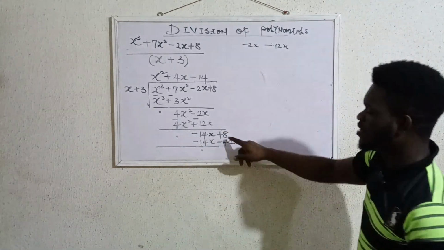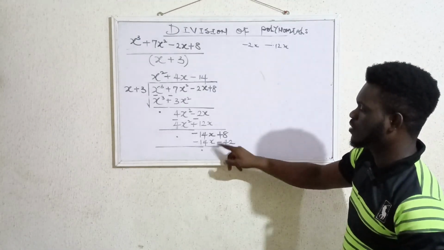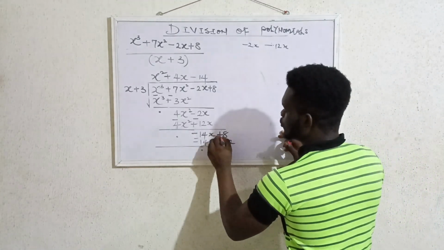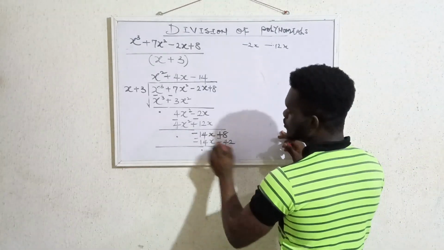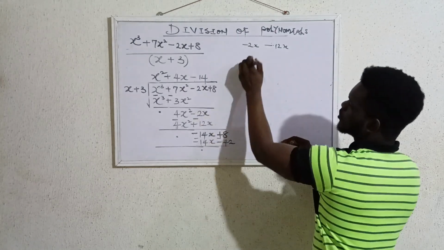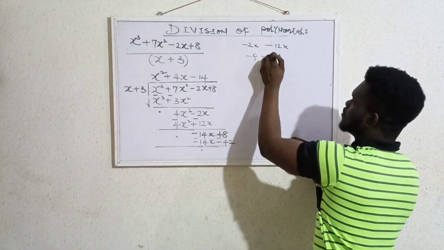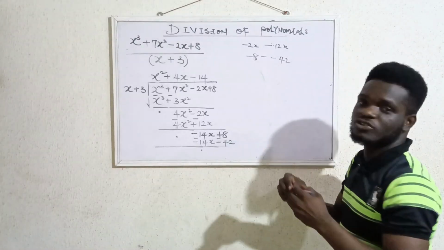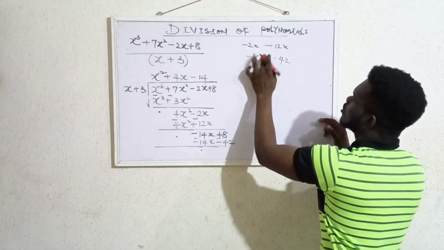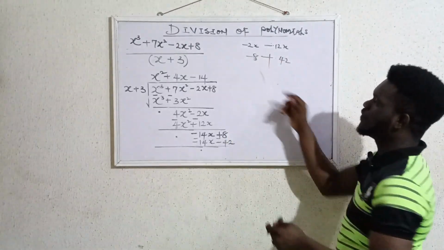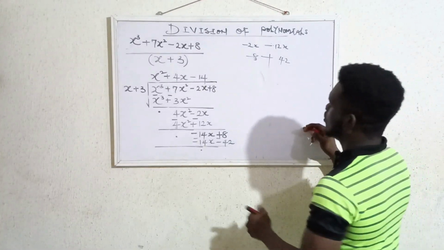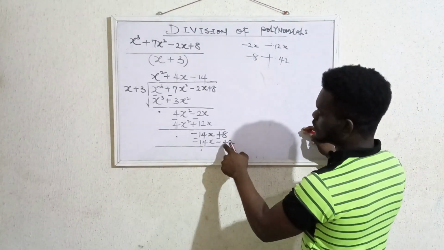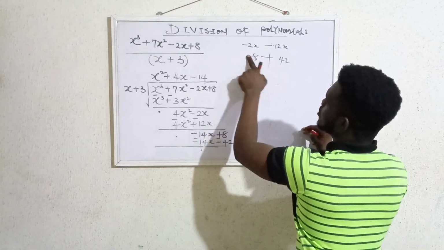So what do you have finally? 8. So you are going to subtract all through. So this is positive 8 minus minus 42. So minus times minus simplifies to get what? Plus. Yes, minus times minus is what? Is positive. So this is plus 8, sorry.